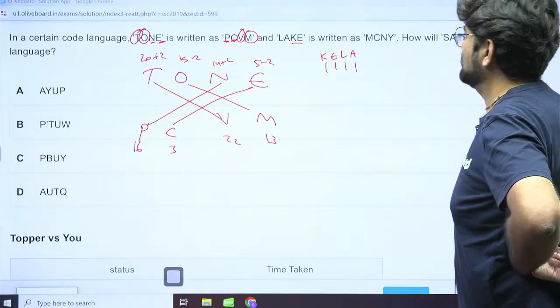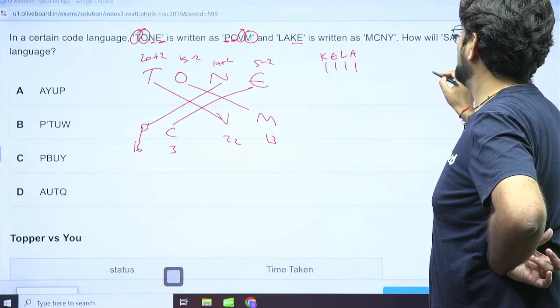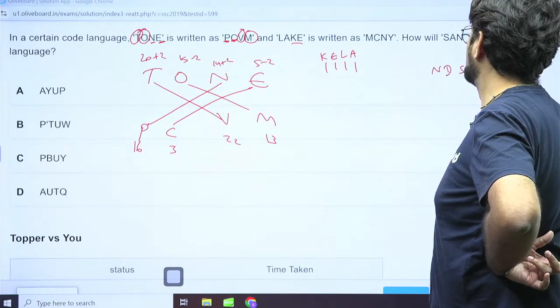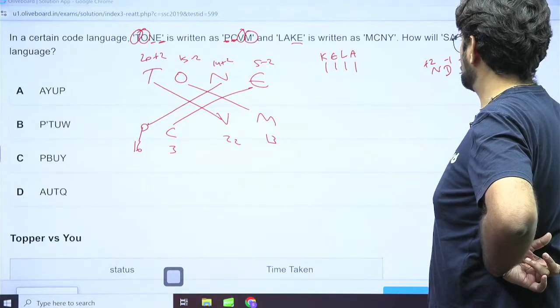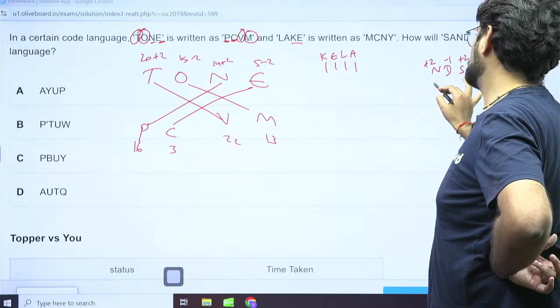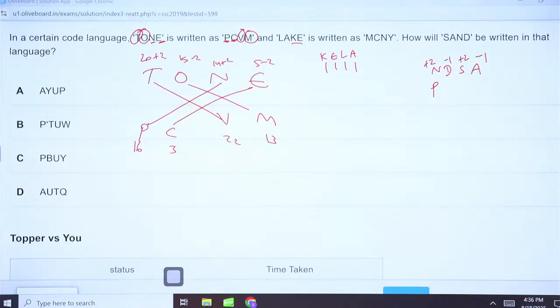Let's look at this one here. Have to be sure about this. So ND will come first and we'll have SA after it. So we'll say plus 2 minus 1 plus 2 minus 1. Just check the options. So 14 plus 2 is 16, P. Now after P, do we have a C anywhere? No, we don't.